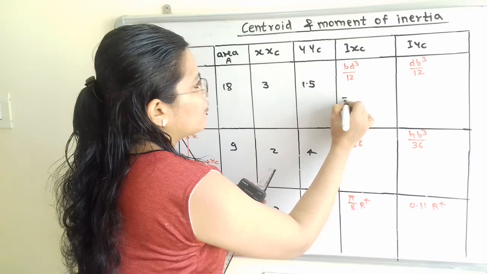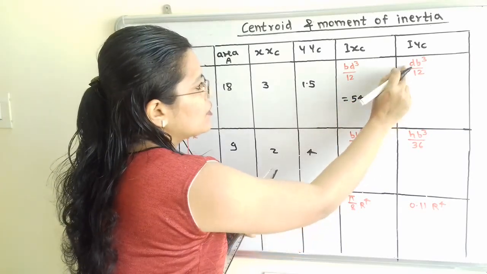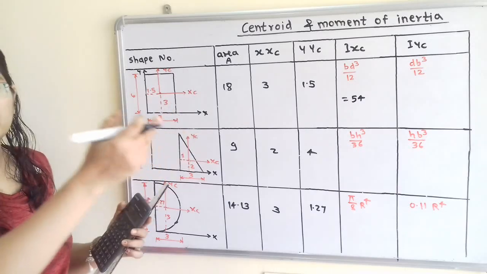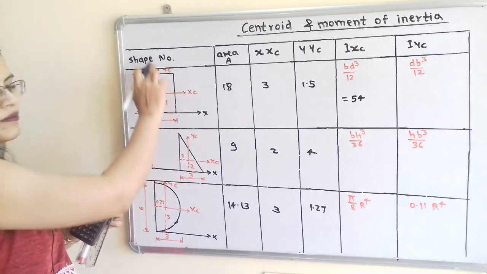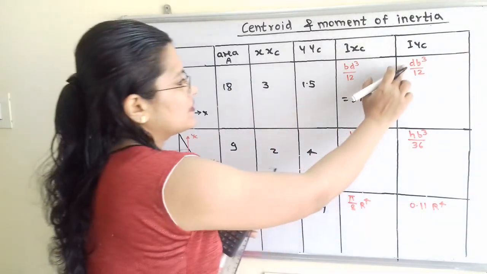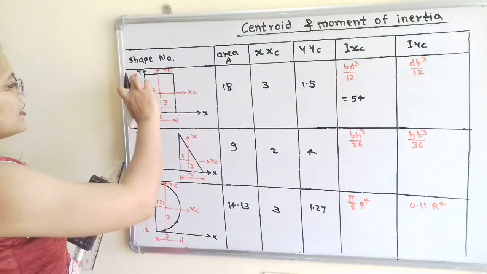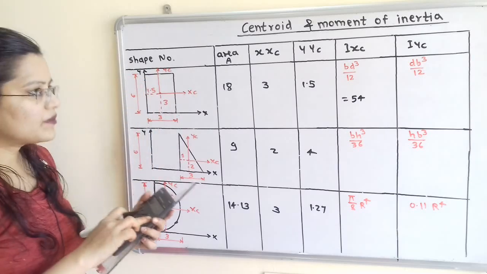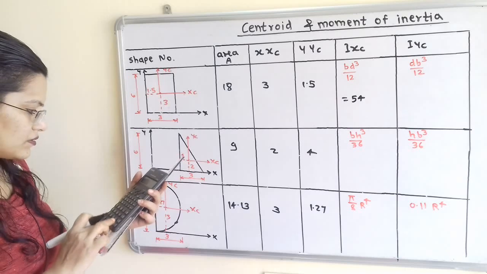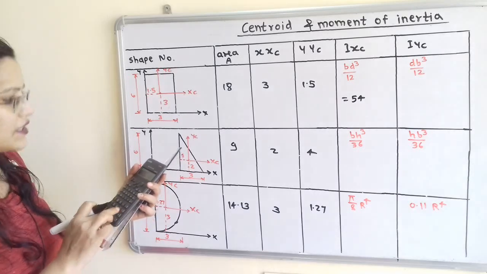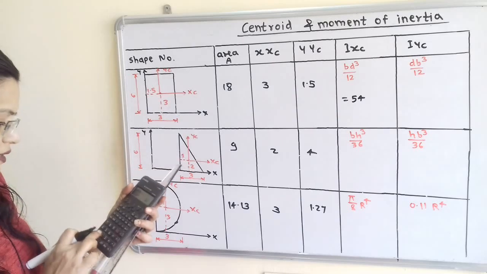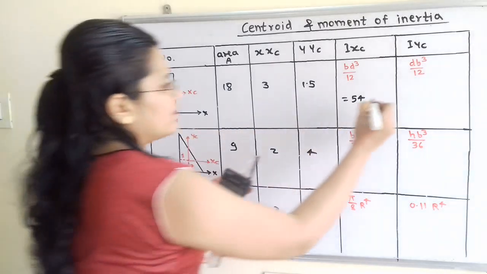In the same way, d into b cubed by 12 is the moment of inertia about this yc, the centroidal moment of inertia. So d is 6 and 3 cubed is 27, multiplied by 6 divided by 12, that is 13.5.